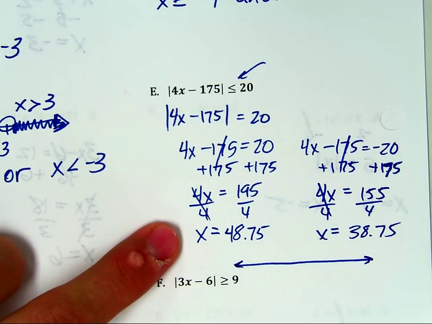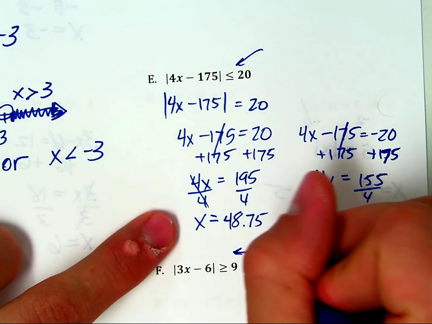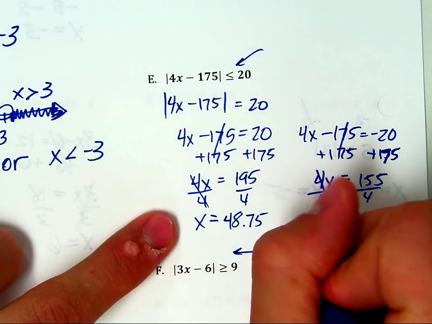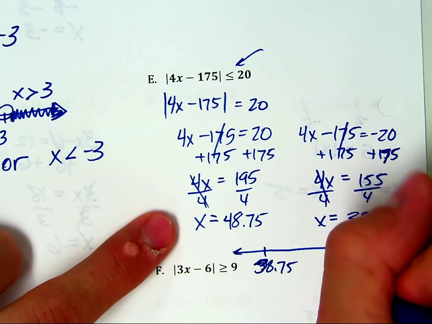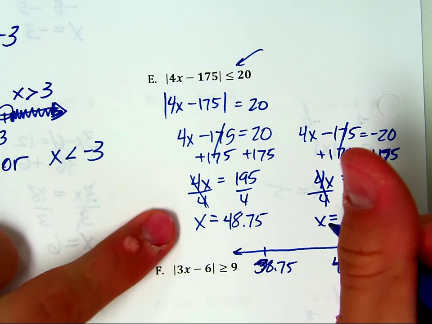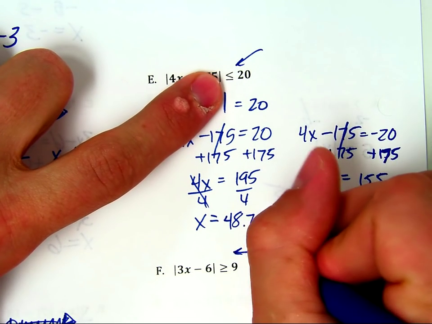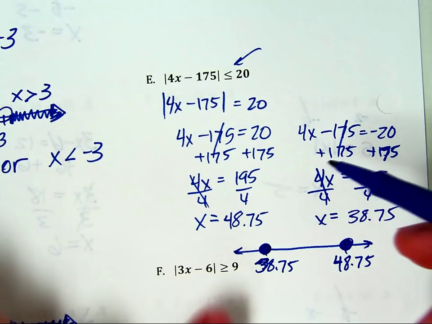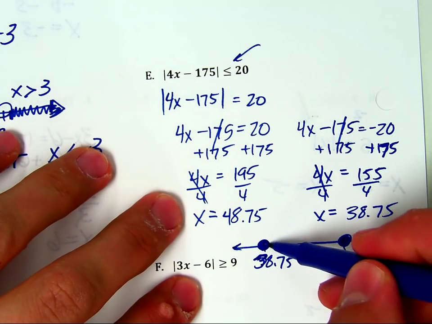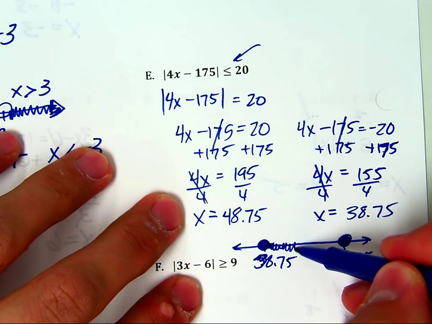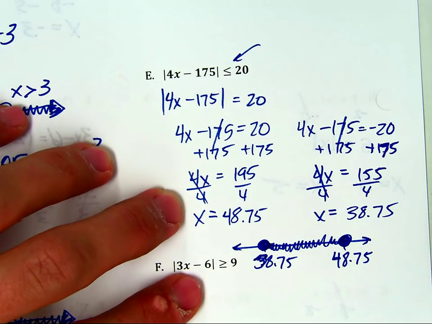So I'm going to think of it like this. We've got 38.75. I've got a positive 48.75. It's less than or equal to, so whatever values have to be less than or equal to. Anytime it's a less than or equal to, just like we looked at before, our shading is going to be in between, and that's going to represent an AND graph.